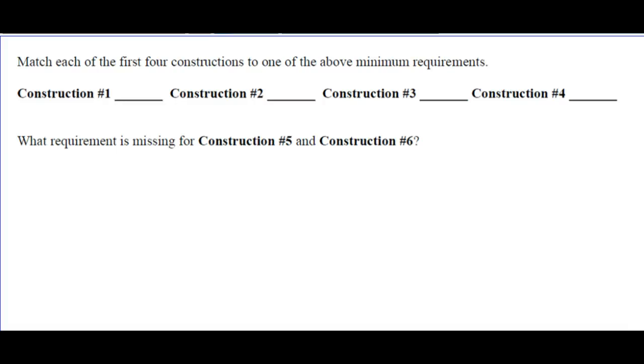Okay, what was construction number 1? Was it side side side, angle side angle, or hypotenuse side? So look back, construction 1. What were you constructing? Side angle side, right? It said draw this side, then draw this angle, then draw this side. So that was side angle side.